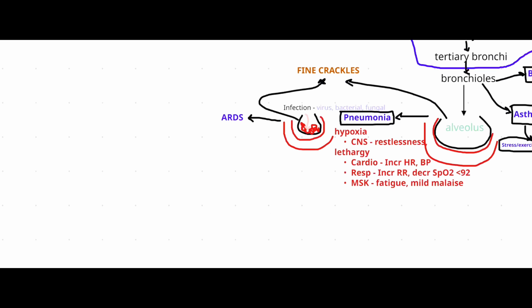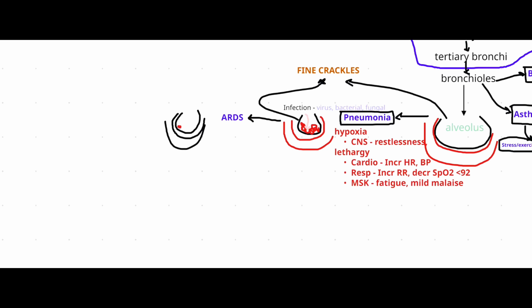Now, how is this different if it's ARDS? So if we draw this alveolus again, I'm just going to put this in black because I'm going to illustrate something else in red. So we knew that we had a pathogen, right? The pathogen here caused inflammation and secretion inside the alveoli.